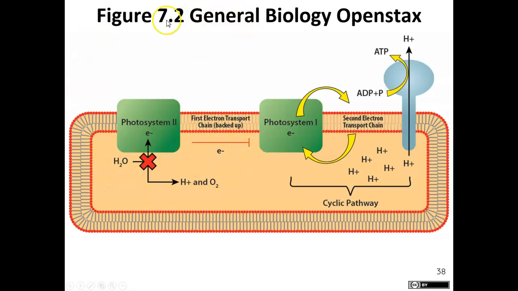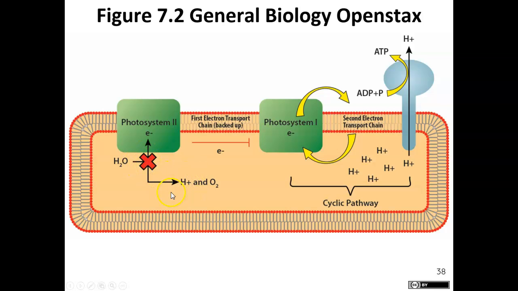So here, this is from the OpenStax General Biology textbook. This shows over here the cyclic pathway and over here a non-cyclic pathway. So we start with photosystem 2. Water drops off hydrogens and electrons.